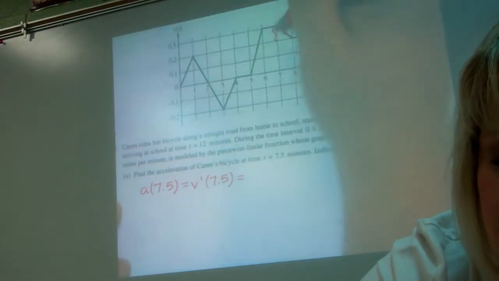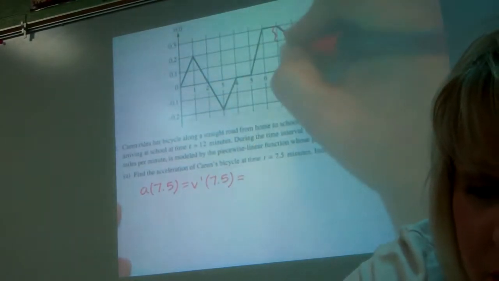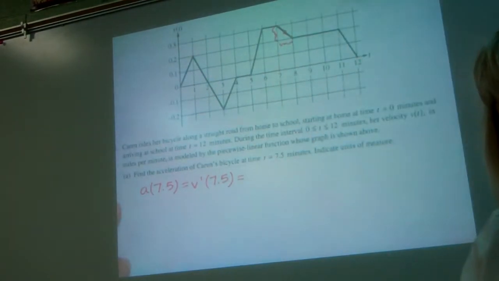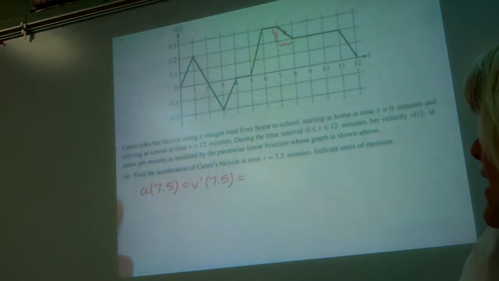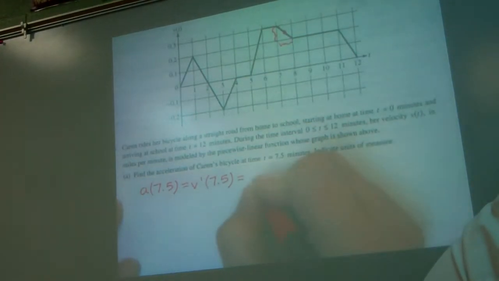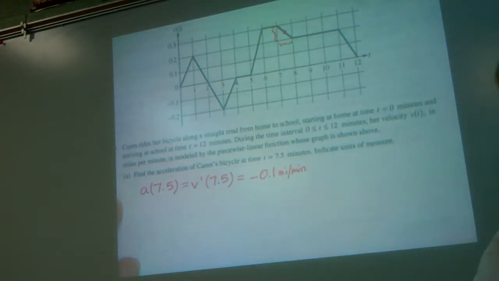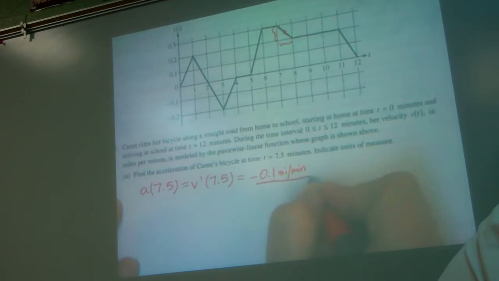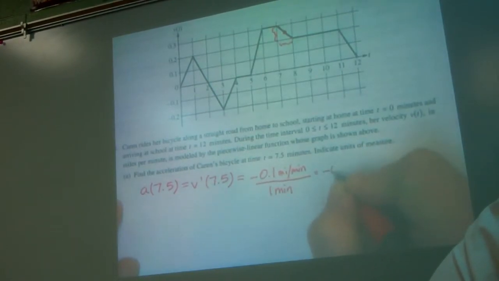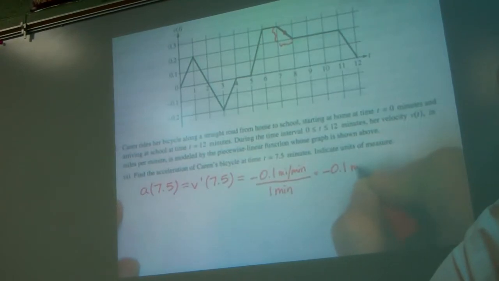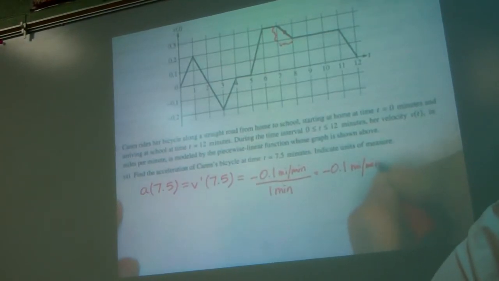So it's down 0.1 miles per minute over 1 minute. So basically you're finding the slope of that line. So it's negative 0.1 miles per minute, because that's what her velocity is measured in, over 1 minute. So you get negative 0.1 miles per minute squared.